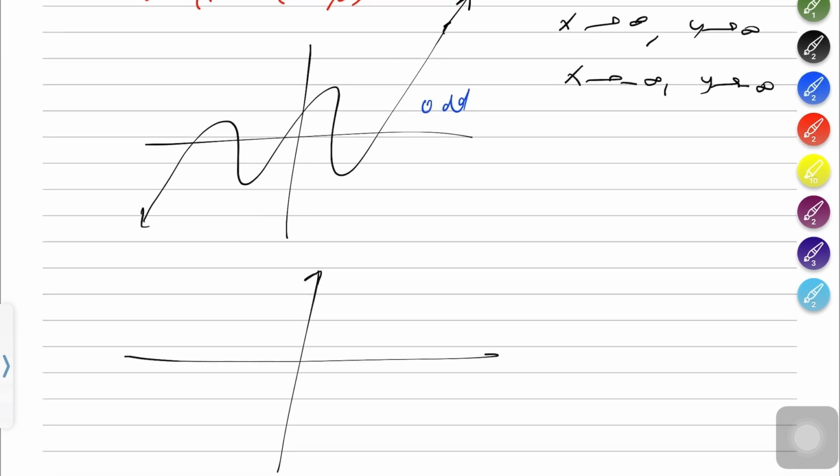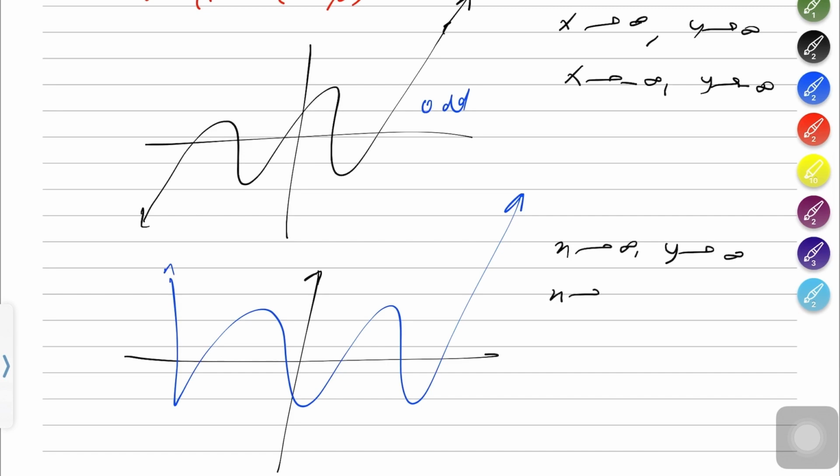But if you talk about an even degree polynomial, it will look something like this. That means if x is infinity, then y is infinity, and if x is minus infinity, then also y is infinity. So we don't know the minimum value in this case. The minimum value is obviously not minus infinity; some fixed value is there.